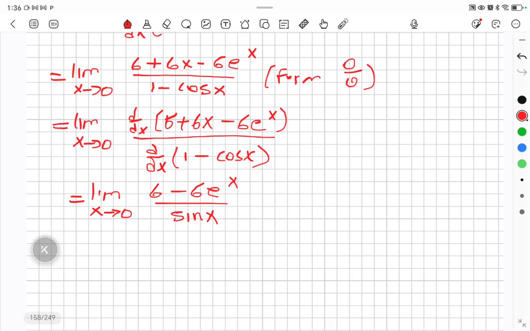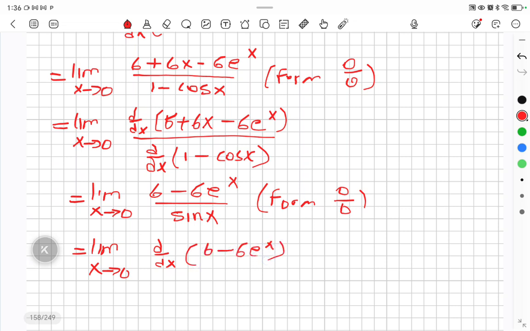Now if we check the form of this again, it will be 0 over 0. So we introduce the derivative again. We are applying L'Hopital rule. This will be 6 minus 6e to the x all over d over dx of sine x.